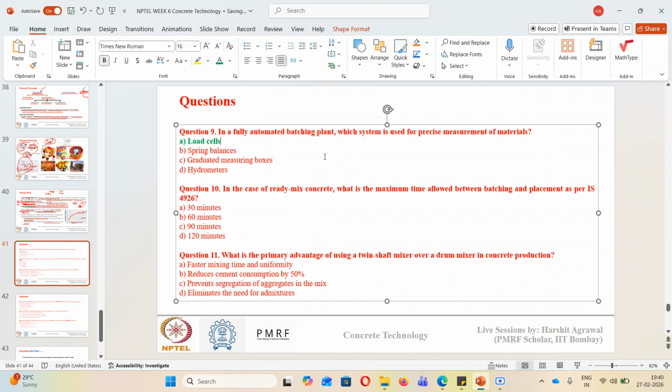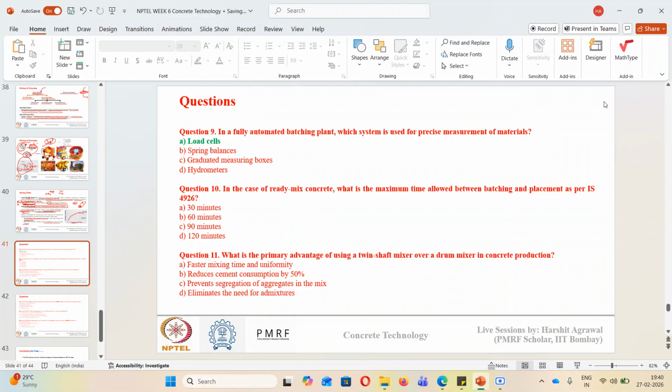So when we place a material on a pan, based on the force acting on the pan due to the material weight, that reading is converted into an electrical signal which shows us the value of that load. Such load cells ensure that accurate measurements are possible for cement, aggregate, water and admixture in an automated batching plant.